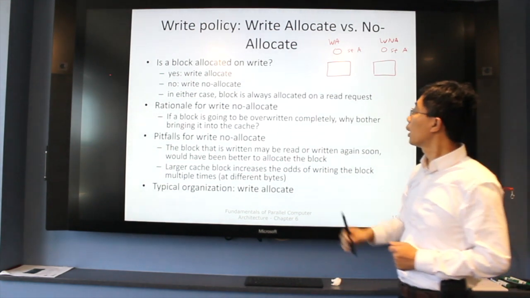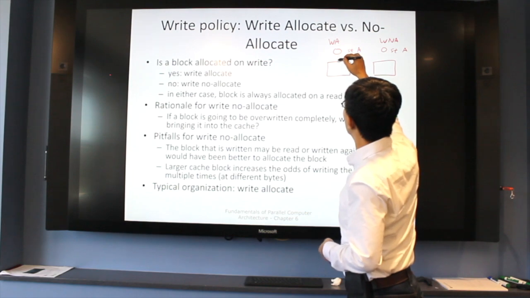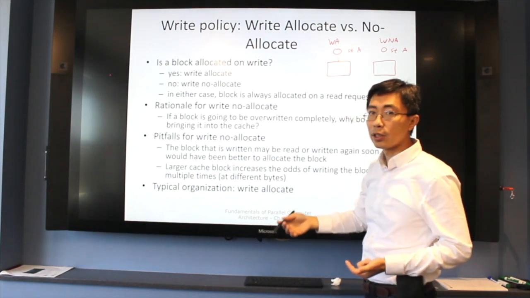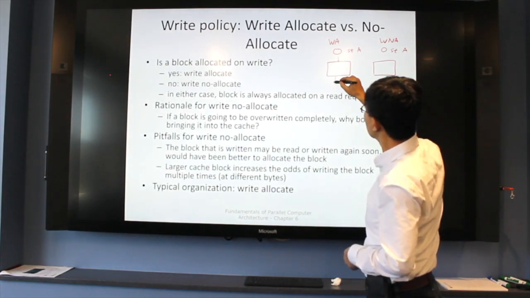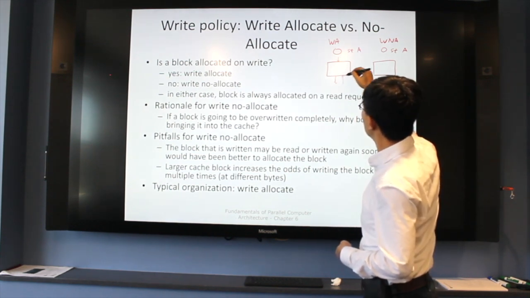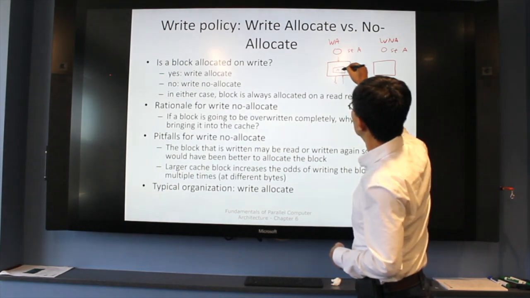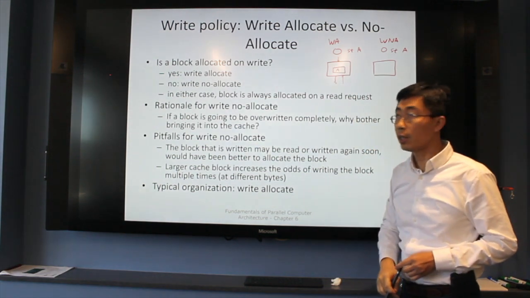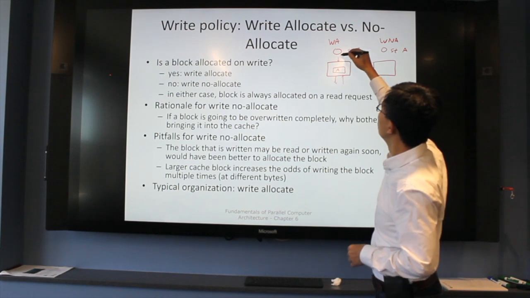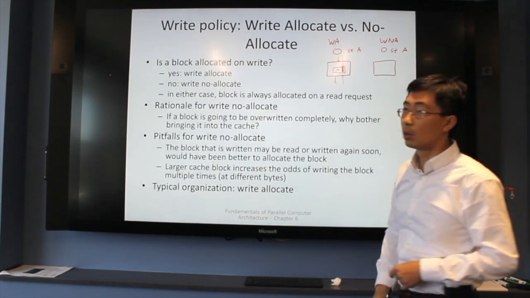In a write allocate cache, this is what we do. We go to the cache, we don't find it in the cache, so we go to the memory or to the next level, and then we bring the block and we allocate it in the cache. And then after that you perform the store, so you modify part of the block.